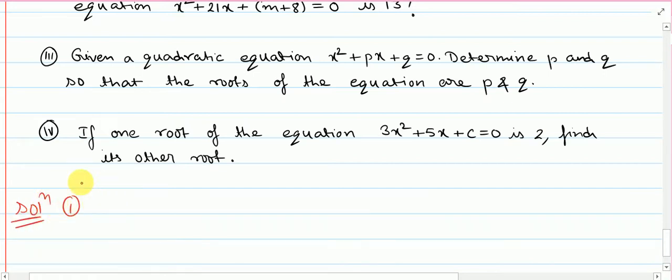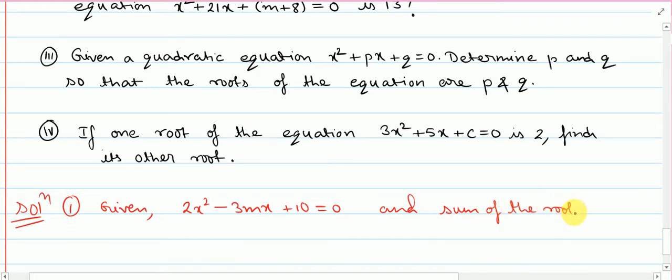Solution number 1. Given 2x square minus 3mx plus 10 is equal to 0, and sum of the roots equal to 6, then m is what?